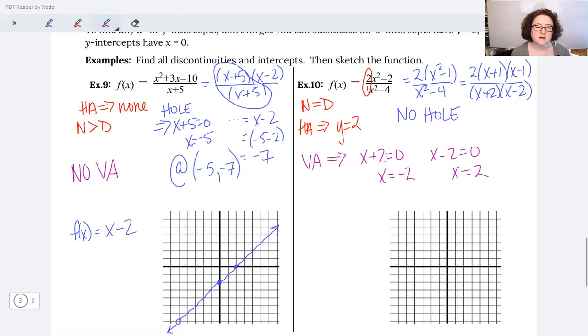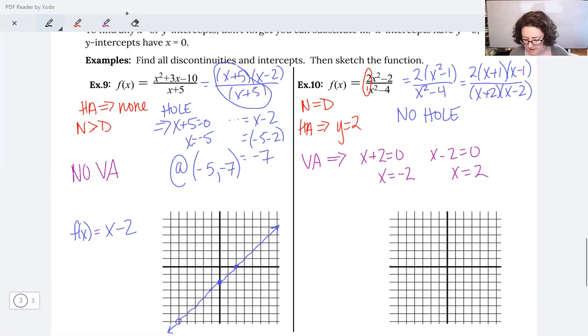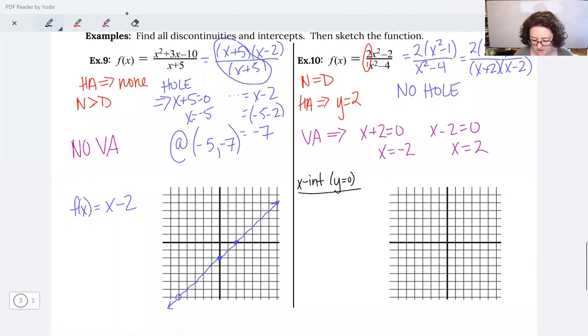And so this is the scenario where I'm going to go ahead and take a moment to figure out my x and y intercepts. Let me actually change my color. Okay. So if we're looking at x-intercepts, keep in mind, any x-intercept is going to be where our y is going to equal 0. So in other words, I'm going to take my function, set it equal to 0, and then see what I can do to solve for x.